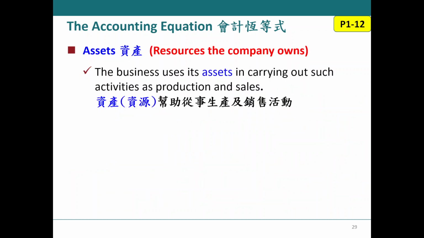So you can get some benefits from the resources, right? Like what? Car, computer. Computer is your asset, is your resource. Why? Because computers could help you do something, right?